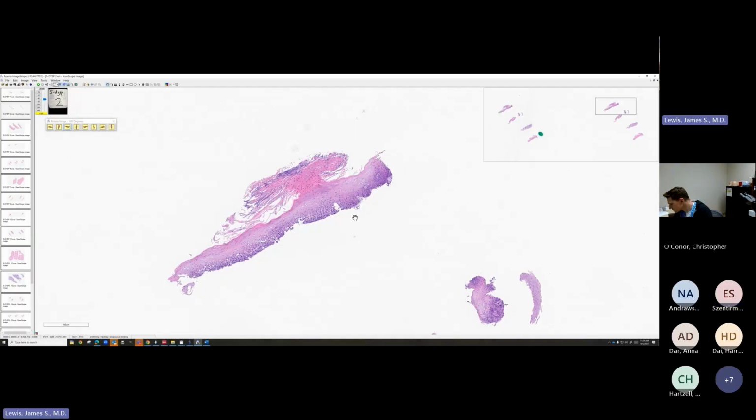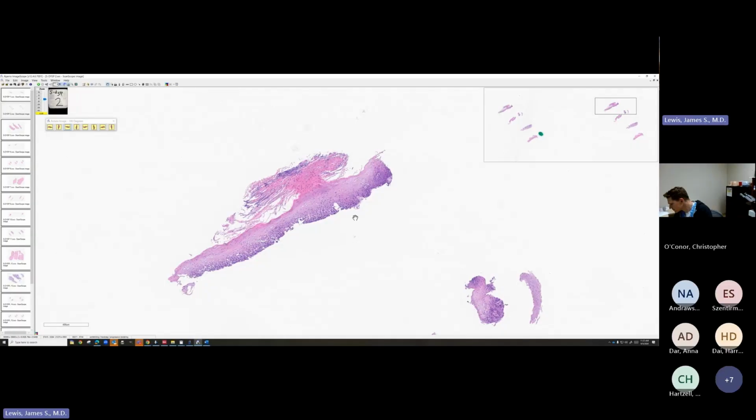In theory, yes, you could get to high grade without much cytologic features, but you almost always have them in combination with architectural features. So in theory, yes, but in practice, almost never does that happen. Okay, so that one was kind of pushing it, but I'd probably leave it as mild or low grade.